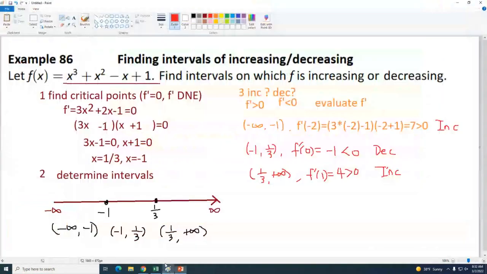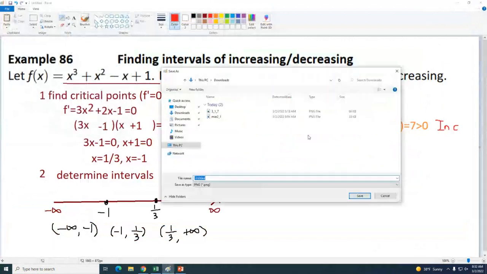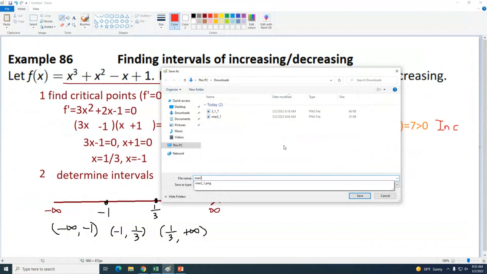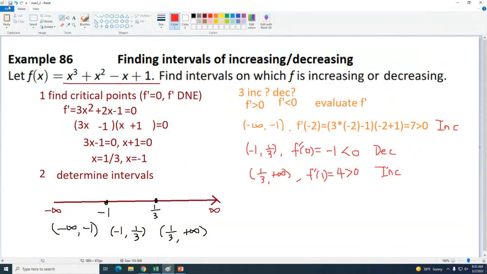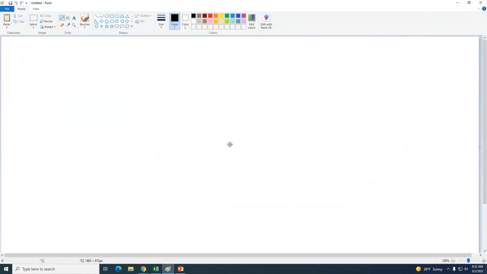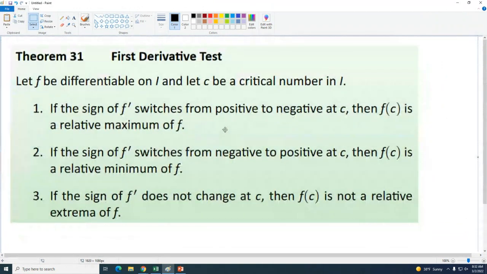Why do we have that test? Because a lot of the time we have a critical point, but we're not sure whether it's a max or min. The first derivative test makes it possible for us to determine that. A visual presentation might explain why we have it. Let's say you have a critical point, a critical number. Suppose the derivative turns from positive to negative.